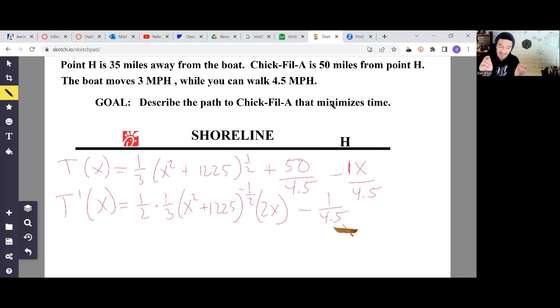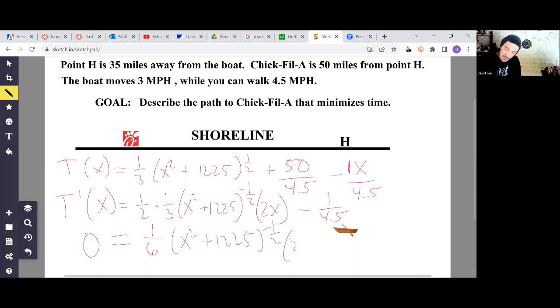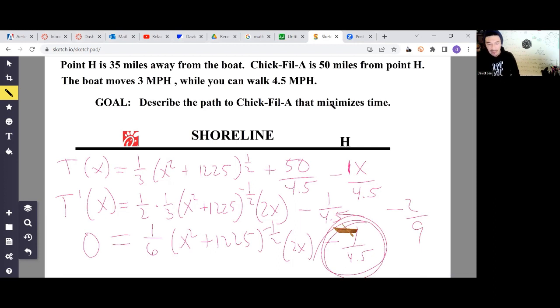And we know that the derivative is going to be set equal to 0. And let's see, this would be like 1/6 times (x squared plus 1225) to the negative 1/2 times 2x minus this number here. On a calculator, if you were to type that in, that'd be like negative 2/9. This fraction, it's the same as negative 2/9. And why don't you actually add that to the other side of the equation?